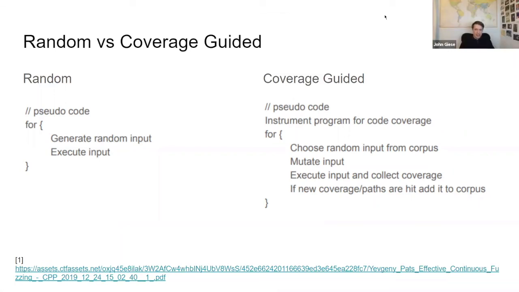Let's have a quick question about this slide. On the right, the coverage guided one, is it true that the two steps that require manual fine tuning up front are choose random input and mutate input? So yes, the only manual intervention that's necessary is to pick your fuzzer.